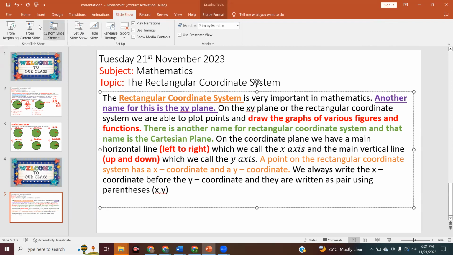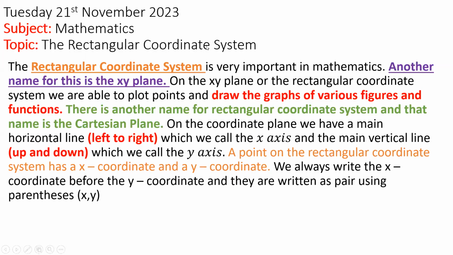Okay, quick recap. What is another name for the rectangular coordinate system? XY plane, very good. Or what's another? Cartesian plane, very good. Give me the name of the main horizontal line on the XY plane. The x-axis. What's the name of the main vertical line?